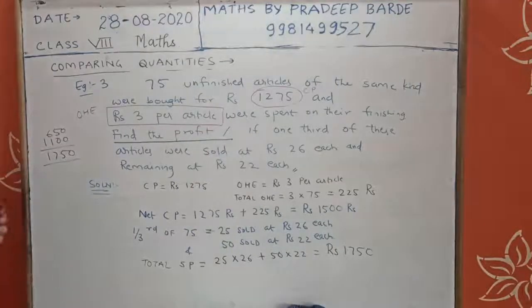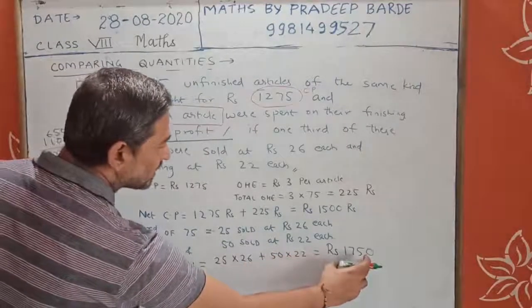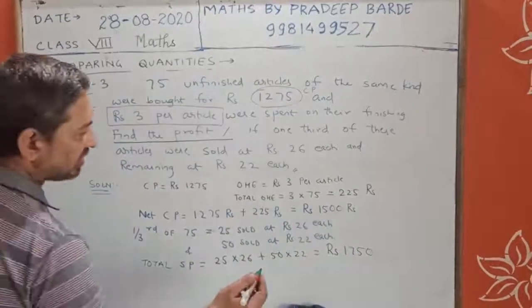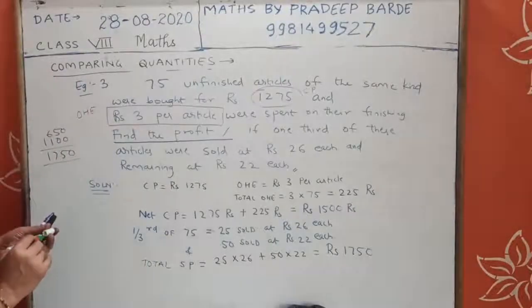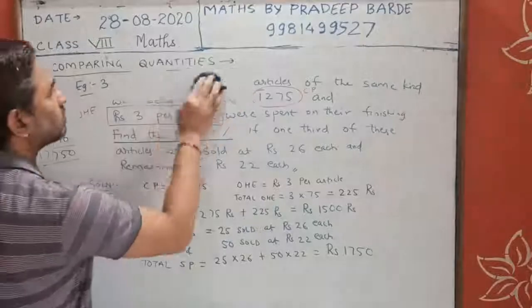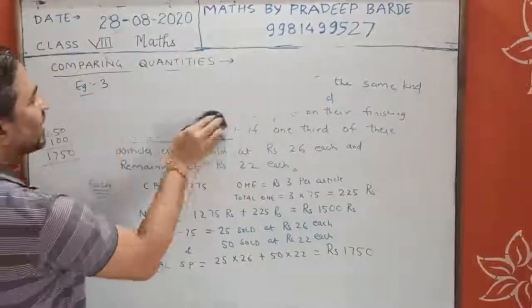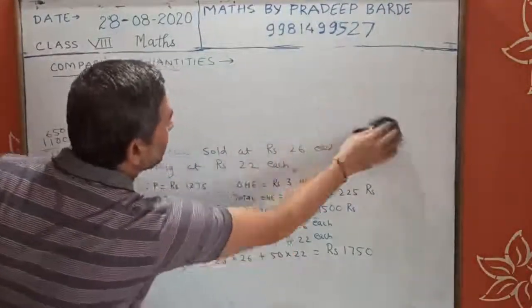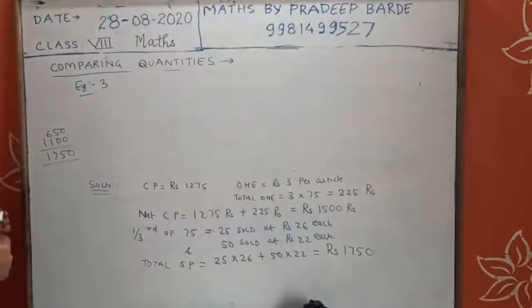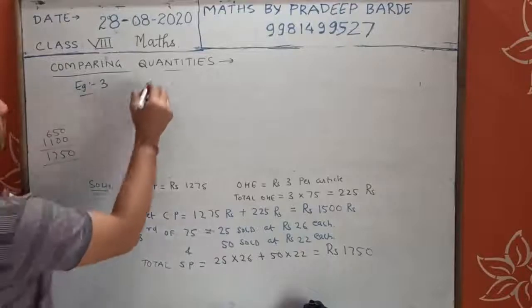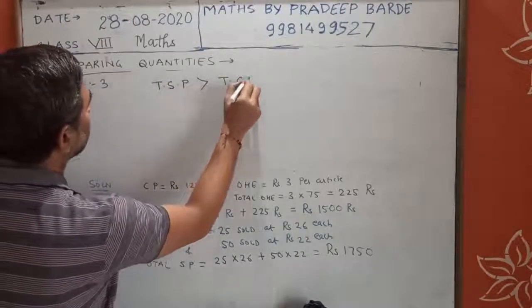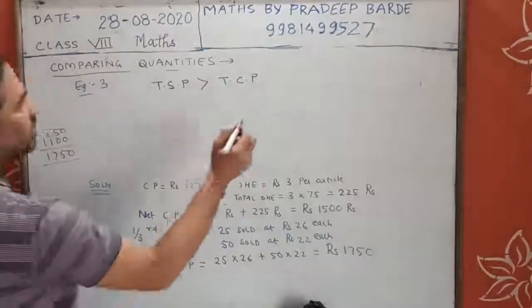So therefore, see, this is total selling price, this is total cost price. Total selling price is definitely greater than the total cost price.